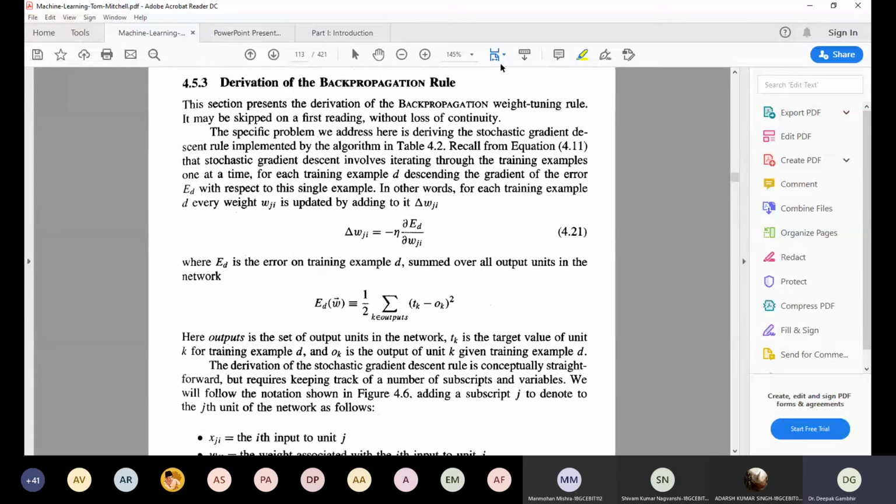If we learn about the derivation of the backpropagation rule, I am following the book by Tom Mitchell, and in that case we have learned that the weight change is proportional to the error and the partial derivative of that function, as we have seen here.